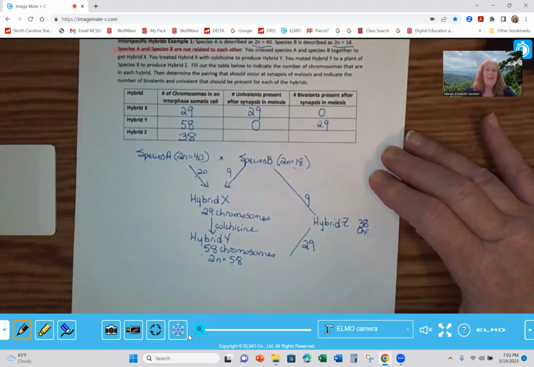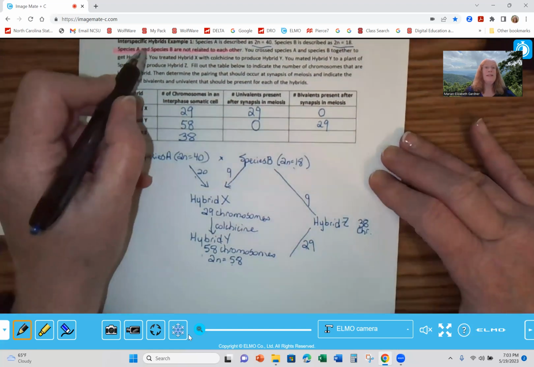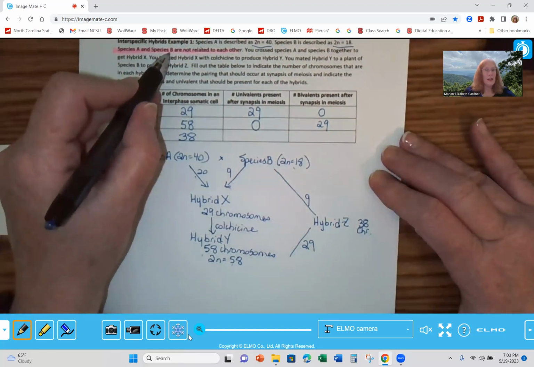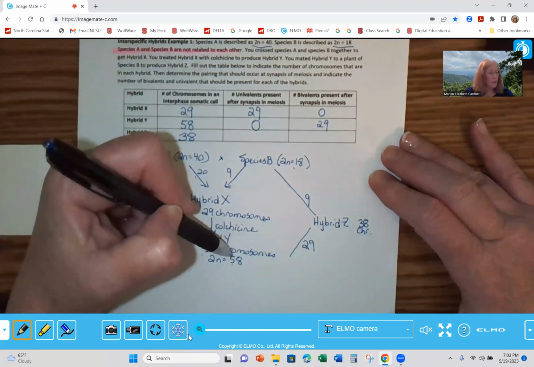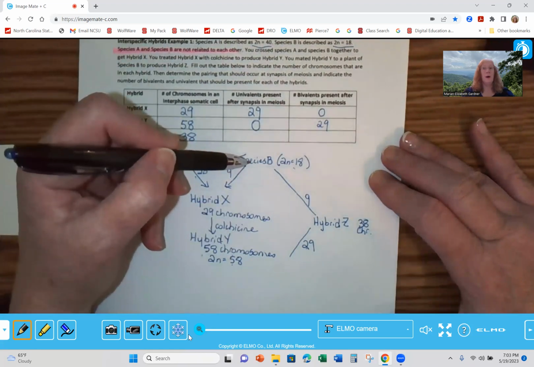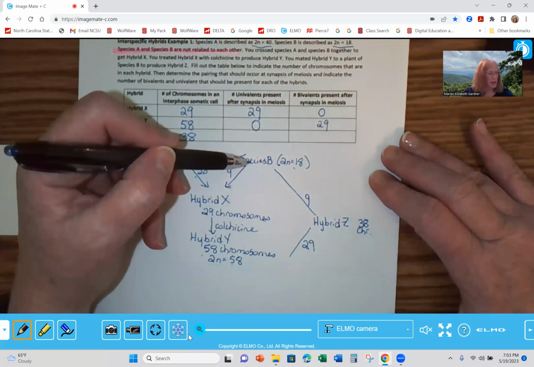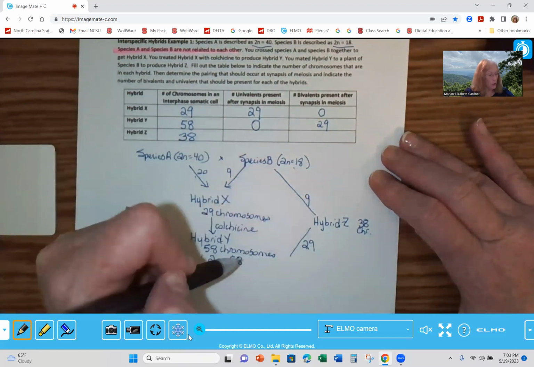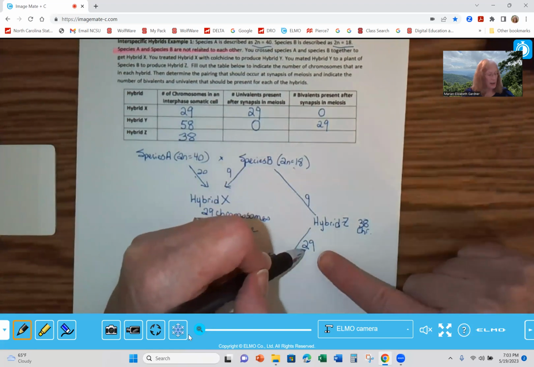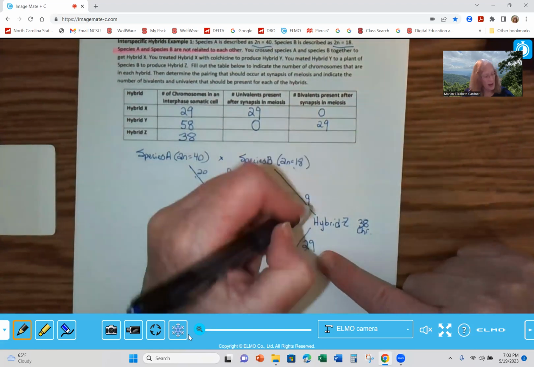Now, this is kind of interesting. Remember up here, species A and B were not related to each other. However, hybrid Y and species B are related to each other. In fact, 9 of the chromosomes in this gamete are the same as the 9 there.